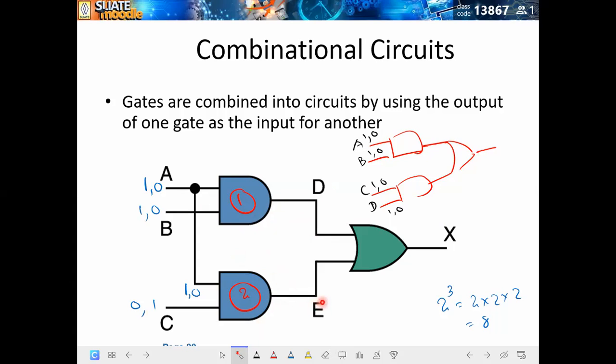Right, now we are going to decide the output of E according to the different combinations.